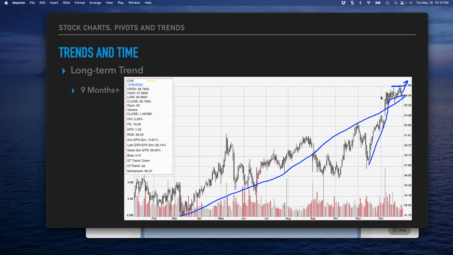And when that happens, we start to see this consolidation pattern marked by shorter term pivot highs and lows. This is a sign that bullish momentum is fading, and this could be a sign that the stock is at increased risk of a bearish reversal. But until we see it actually break below these trend lines and generate an actual signal for us that a trend reversal is happening, we don't really know that that's what's going to happen.